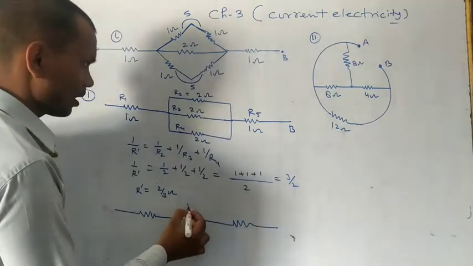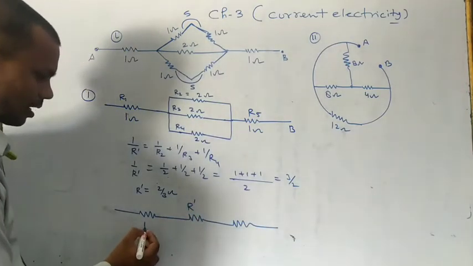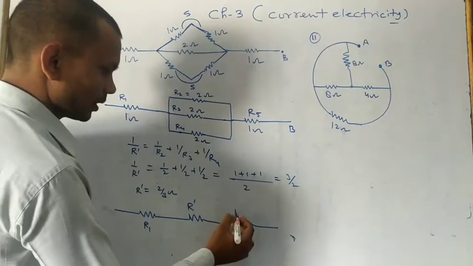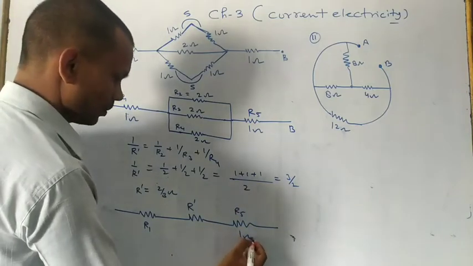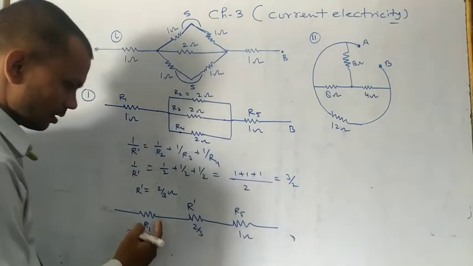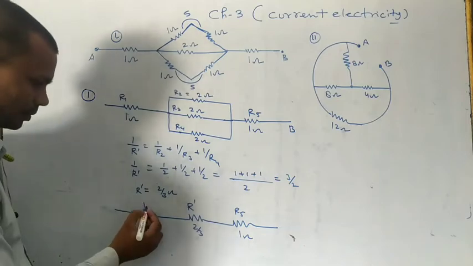Like that, we have R dash, then R1, and then R5. R1 is 1 ohm, R dash is 2/3, and R5 is also 1 ohm.